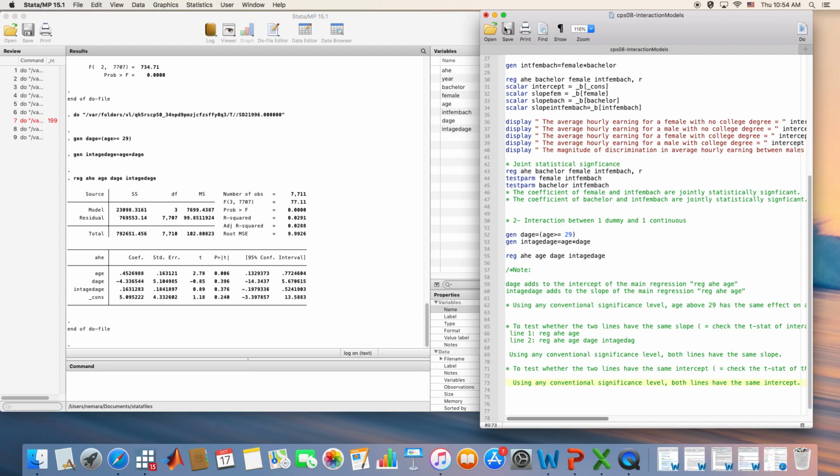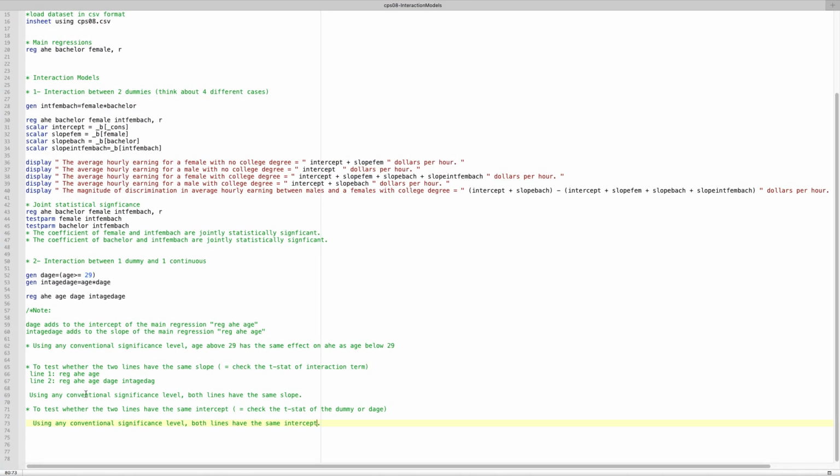One thing to note here is, so we have, okay, same effect as age below 29, and this is equivalent of checking the joint statistical significance of the dummy and interaction.